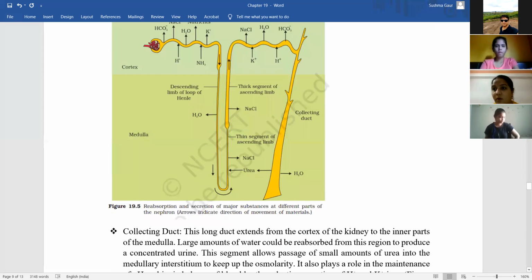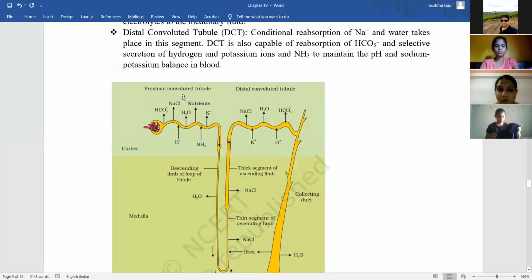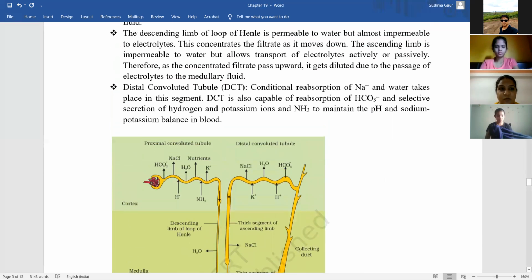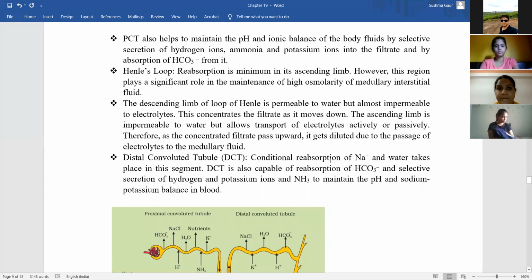So how does this PCT work? This is the proximal convoluted tubule region that is present just below the Bowman's capsule. It maintains the pH as well as the ionic balance of the body fluid by secretion of hydrogen ions. They secrete hydrogen ions, ammonia and potassium into the filtrate.